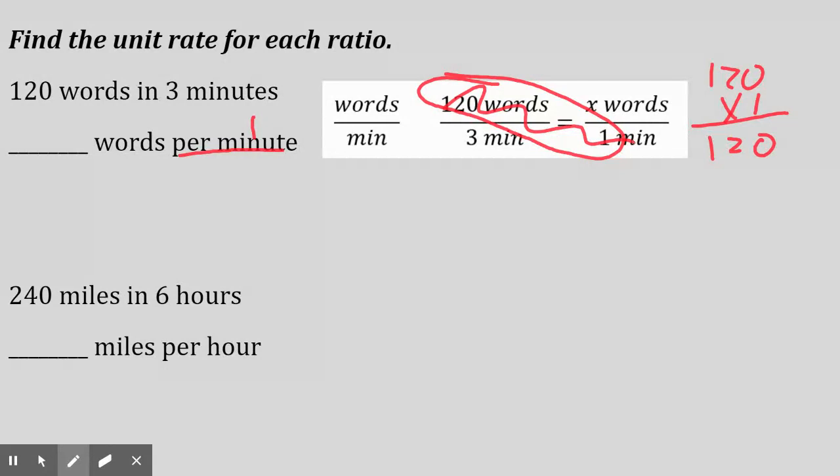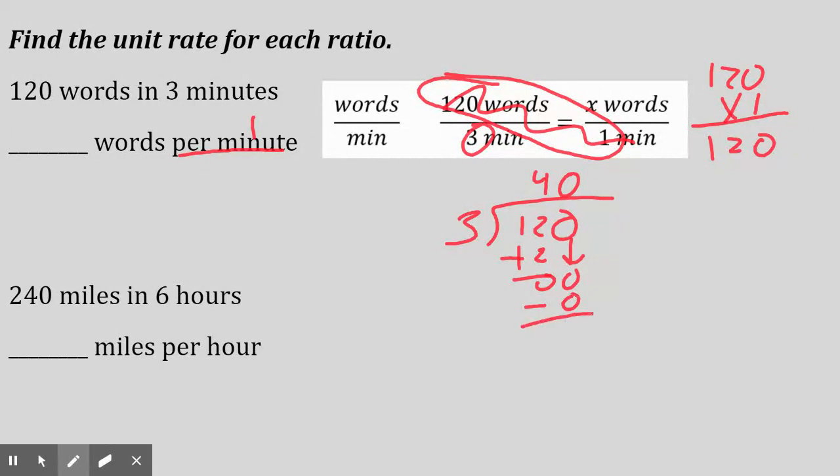And then I just need to divide by whatever's left over. And I see that X equals 40 words. So we would say in this situation that our unit rate is 40 words per minute.